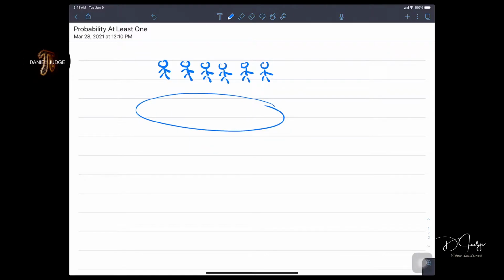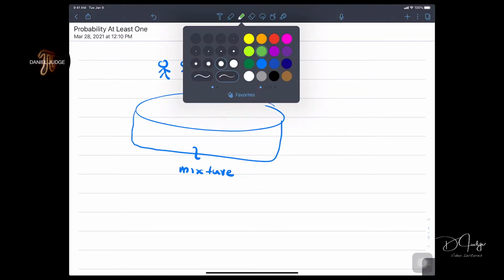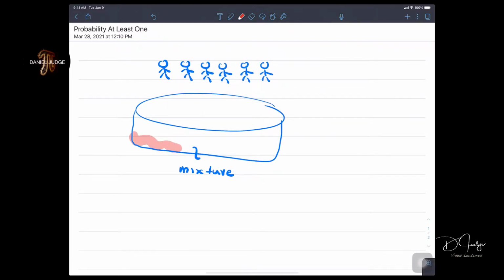So I'm going to draw a picture of a container or a bin, however you want to look at that. They call that a mixture, by the way. And so blood from each one of these individuals gets placed inside this mixture. So I apologize for being a bit gory, but this is kind of the idea.